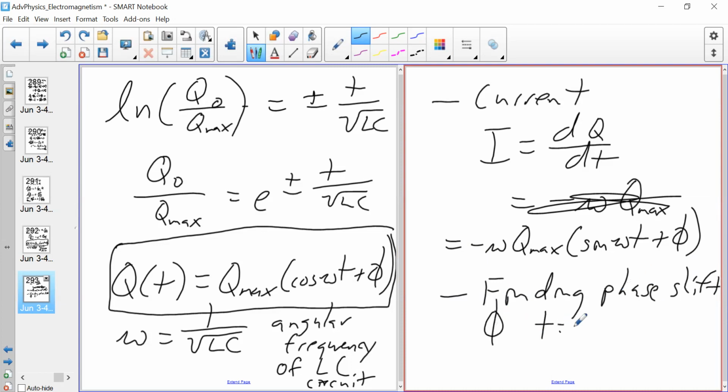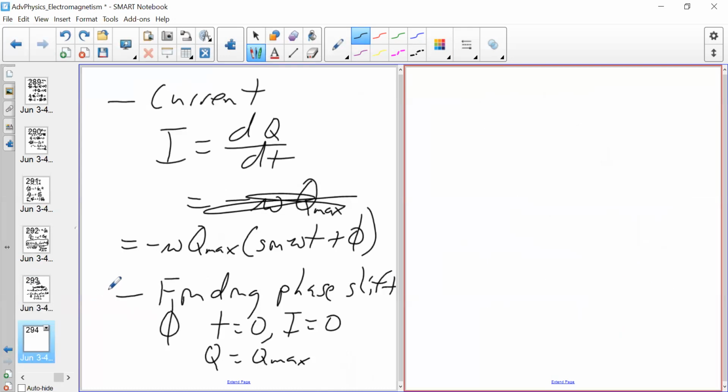At t equals 0, again, current is equal to 0 through the inductor, and there is maximum Q. That's why I had to change my limits from Q max to Q. So going back to this equation here, no current equals negative omega Q max sine phi at t equals 0.